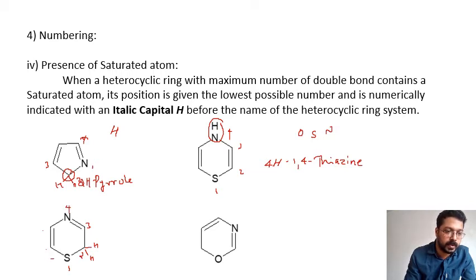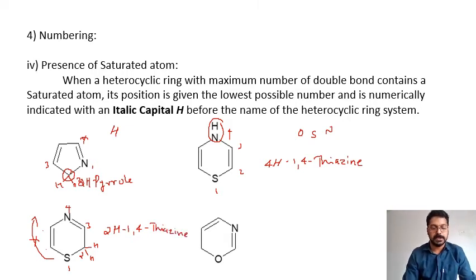You cannot go in this way. If you go this way, the indicated hydrogen will get the highest number, that is 6. So the name is 2H-1,3-thiazine, thia plus aza plus -ine.